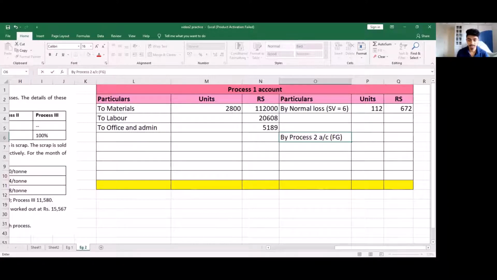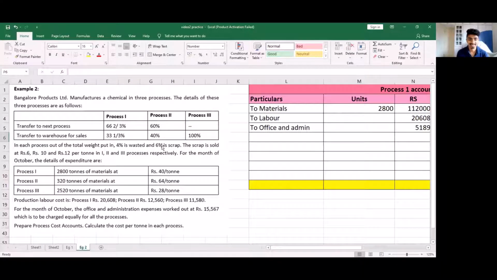So abnormal loss, last time what we did was we found the difference. But in this case, we have to use a formula. So the formula will be abnormal loss is equal to units scrapped minus normal loss. So it's given that 6% is scrap and 4% is waste. So 6% of 2,800 minus 4% of 2,800. So abnormal loss formula is units scrapped minus normal loss units.